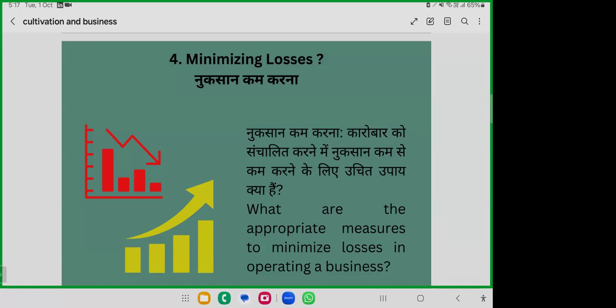So this is very important, because we need to identify which parameters, or which actions, are going to affect our business, and which actions we need to take care of.